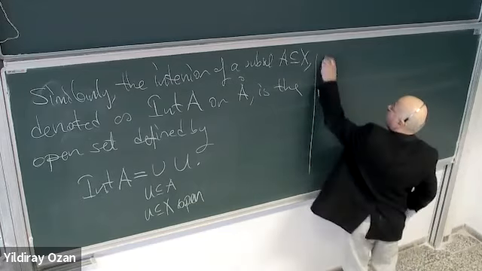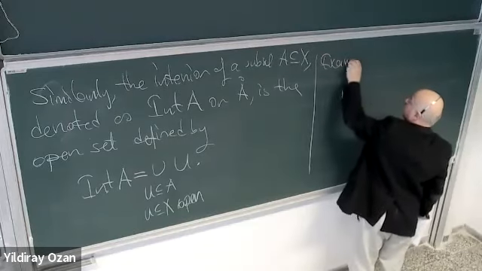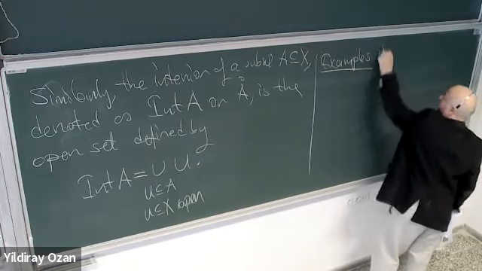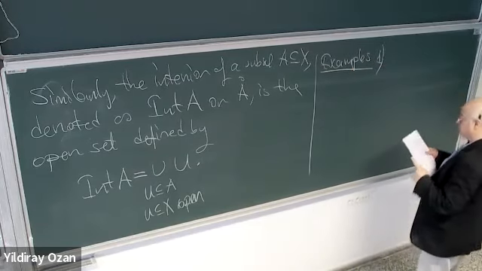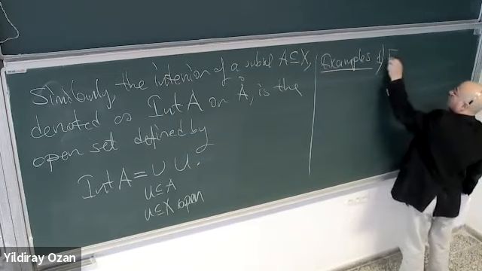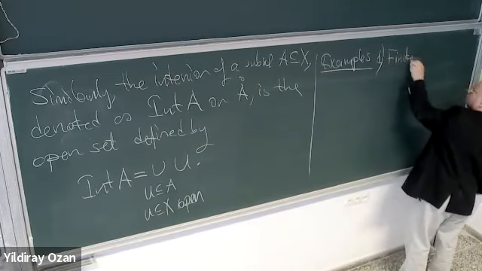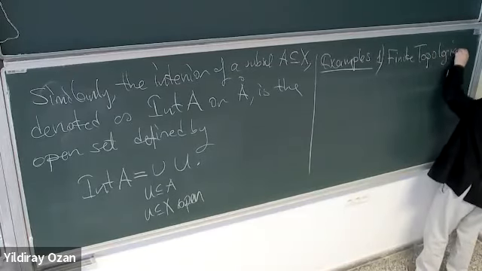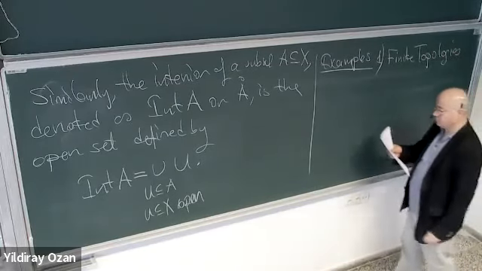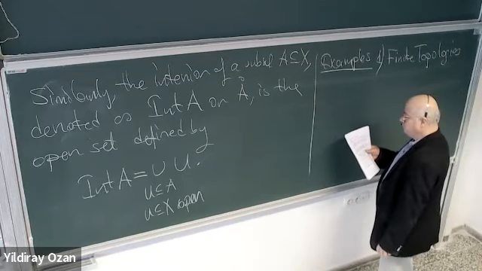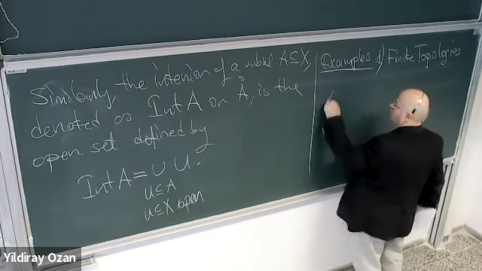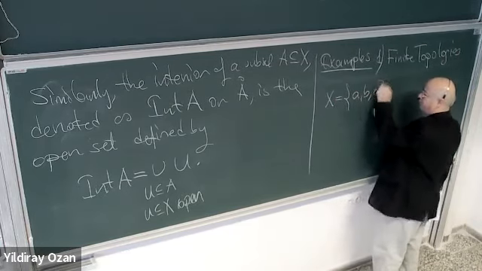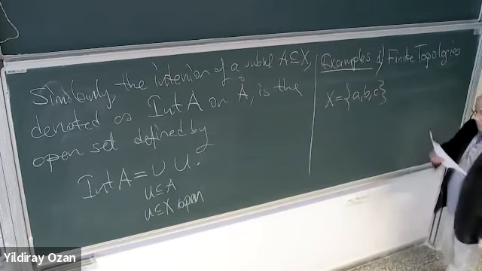Okay, let's see some examples. Finite topologies. Suppose, for example, X has just 3 elements.